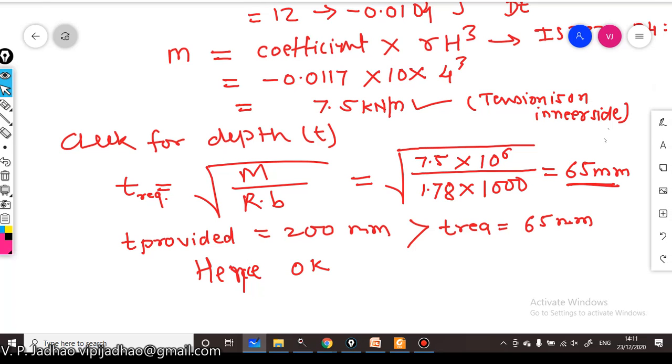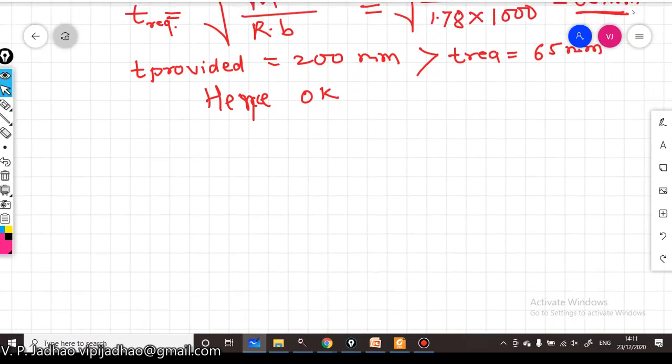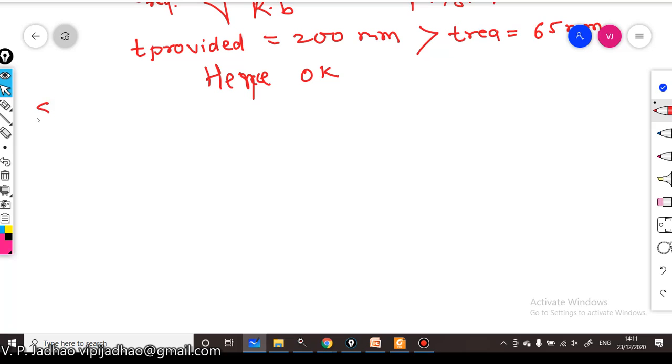Now the next step is step number 5, calculate the hoop tension.